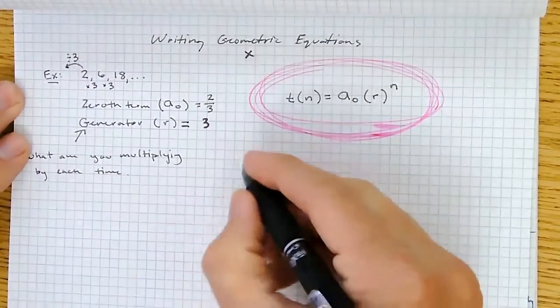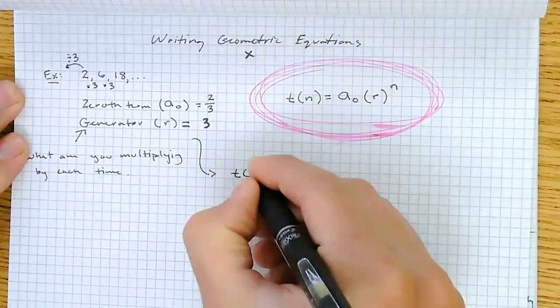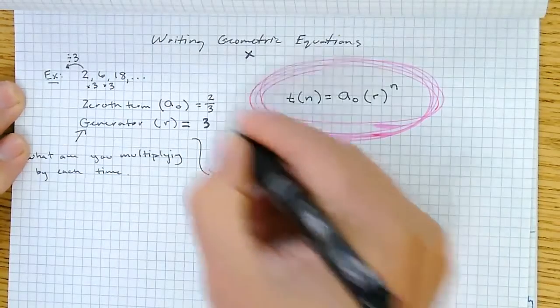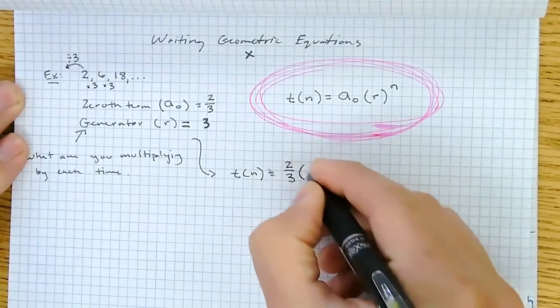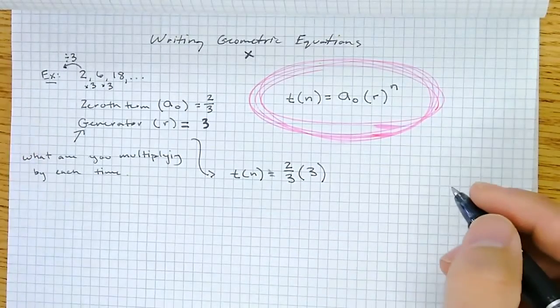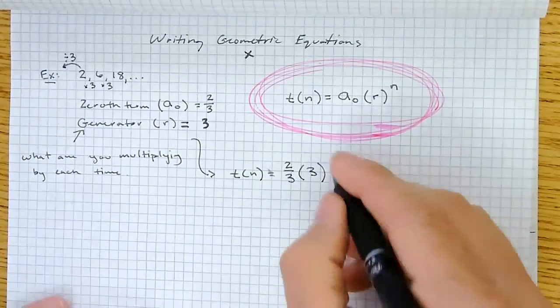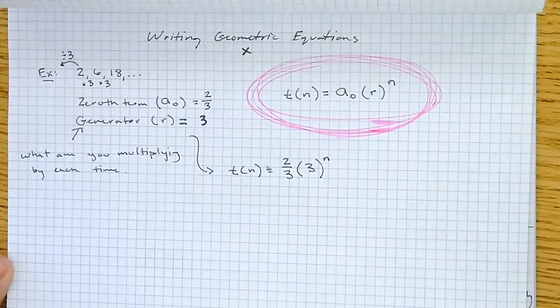So our equation for this is T of n equals a sub 0, which is 2/3, times our generator, or our multiplier, as it's also sometimes called, which is 3, and we raise it to the nth power.